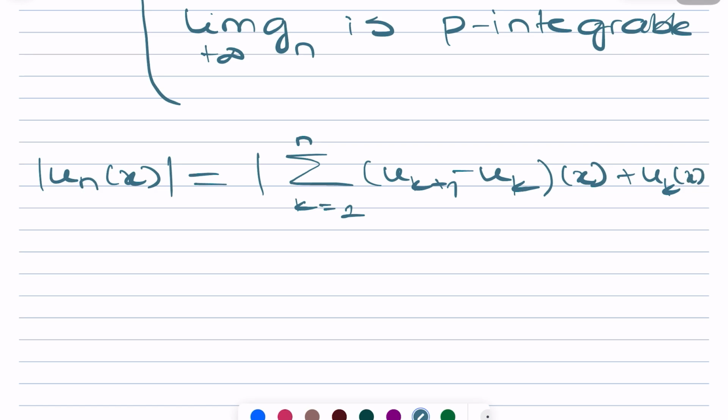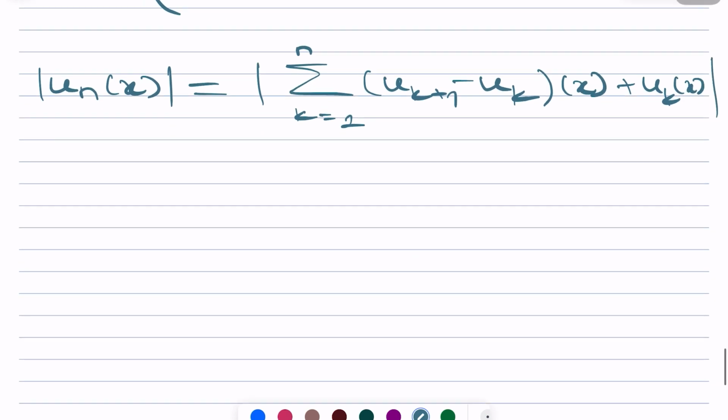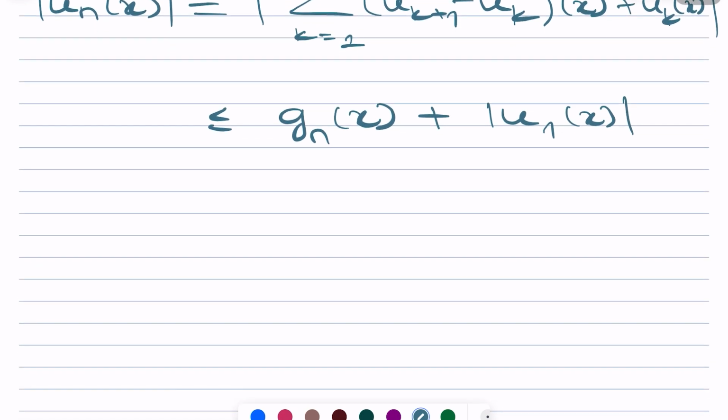And this is just by telescopic sum. This is less or equal than gn of x, if you use the triangle inequality, plus the absolute value of u1 of x. And now this is less or equal than the absolute value of the function v of x, that is p integrable, plus the absolute value of u1 of x.